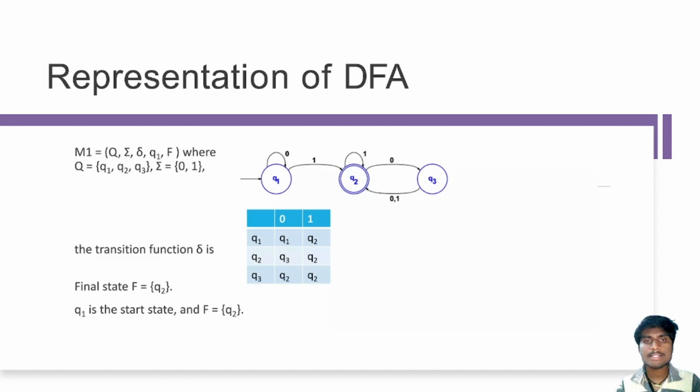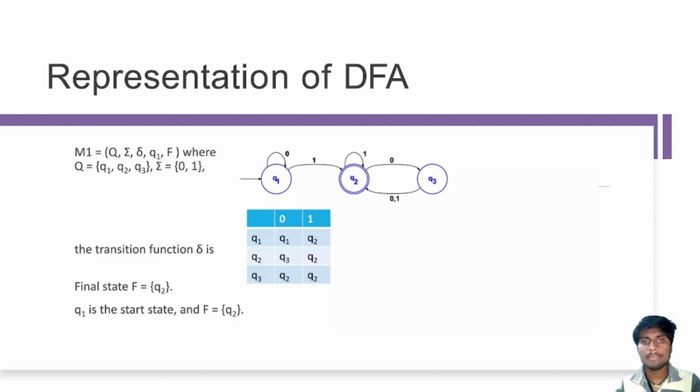In this transition table, you can see that the states are Q1, Q2, Q3, and the inputs are 0 and 1, which are present in the alphabet. Q1 transfers 0 to Q1 itself, and Q1 transfers 1 to Q2.